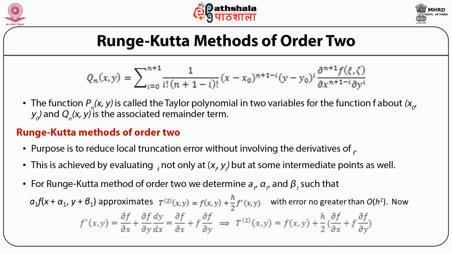Now, f prime of x,y can be written as del f by del x plus del f by del y into dy by dx, which equals del f by del x plus f into del f by del y. So T^(2)(x,y) can be written as f of x,y plus h by 2 bracket starts del f by del x plus f del f by del y.